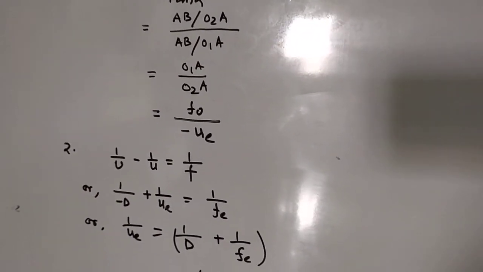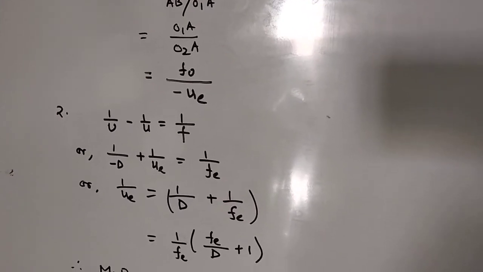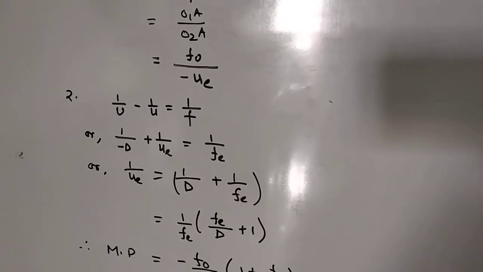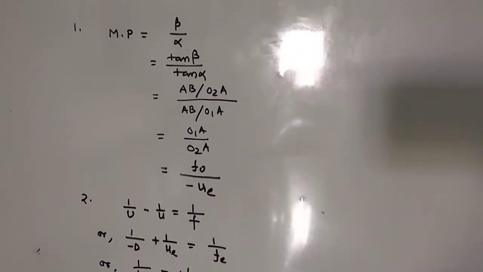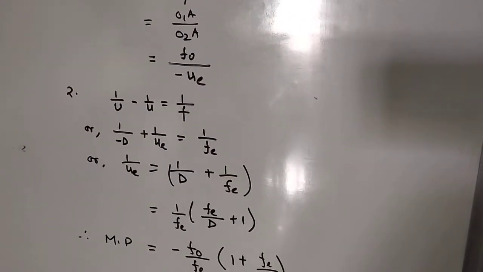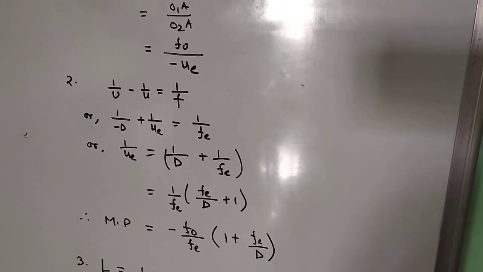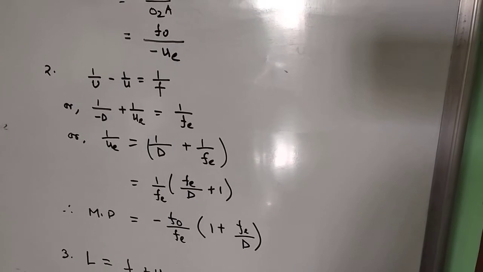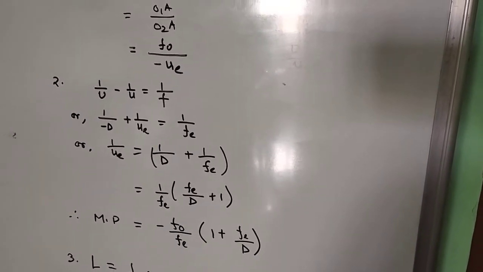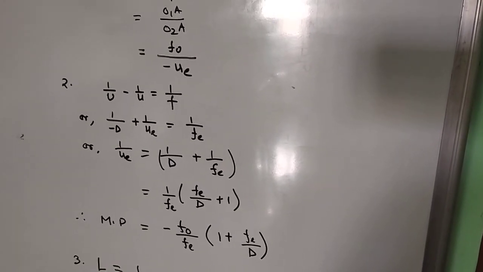So 1 by u_e equals 1 by f_e plus 1 by D. Taking 1 by f_e common, it becomes f_e by D plus 1. As we are interested in magnifying power, we substitute 1 by u_e, and it becomes f0 by f_e times (1 plus f_e by D), with a minus sign. This is the magnifying power for an image that forms at the least distance of distinct vision in the case of a telescope.